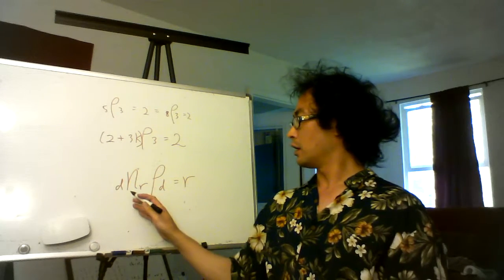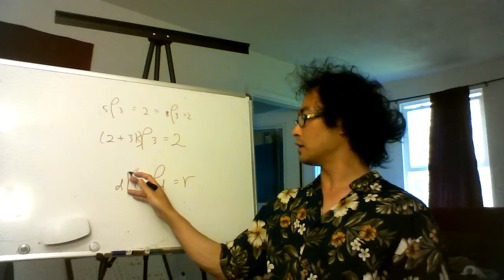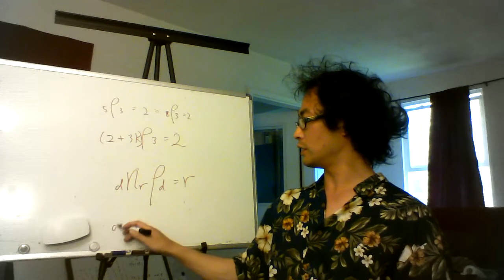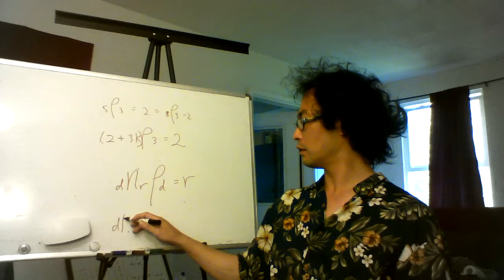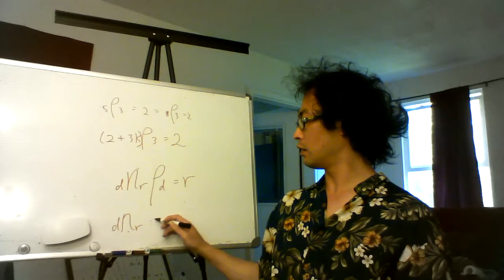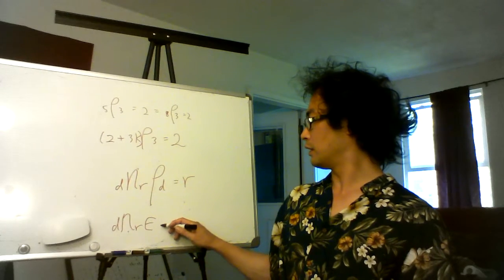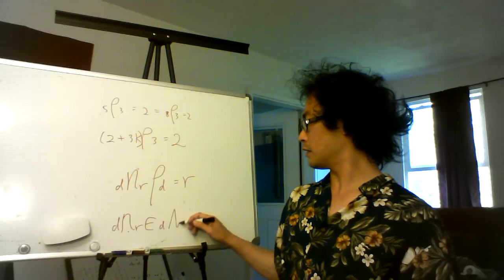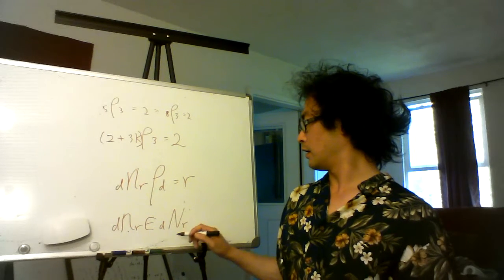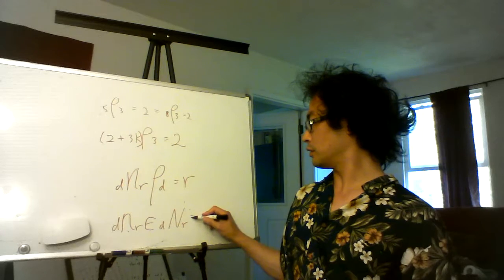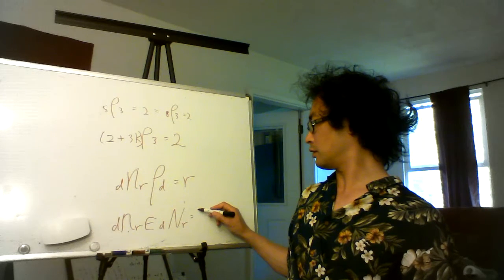Because n is a variable. So d rho n, r is an element of d, uppercase R. It's all the numbers. It goes like this.